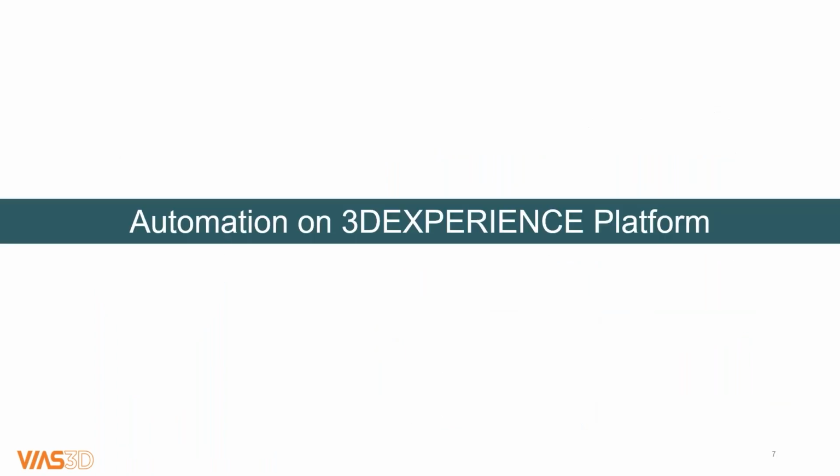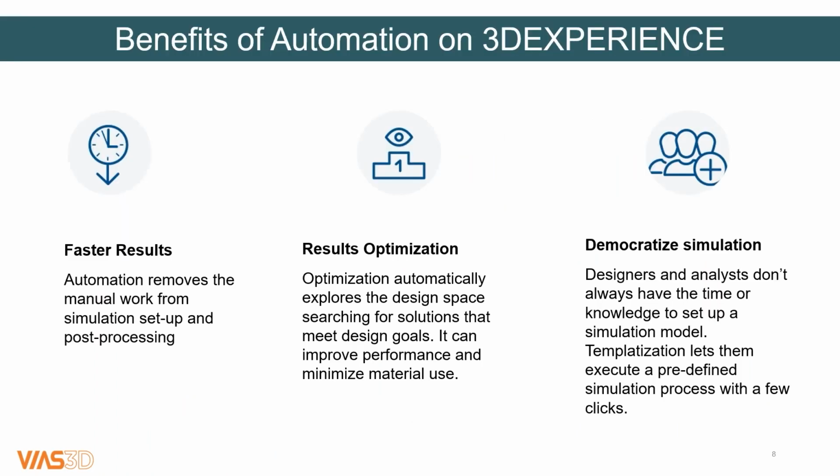So now let's talk about the automation on the 3DEXPERIENCE platform. Before actually diving into the technical content, I would like to mention a few benefits of automation on the 3DEXPERIENCE platform.